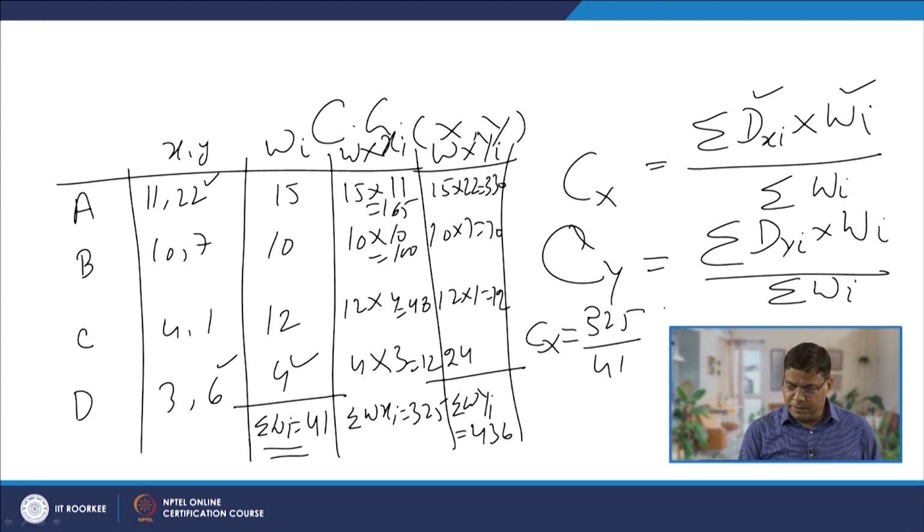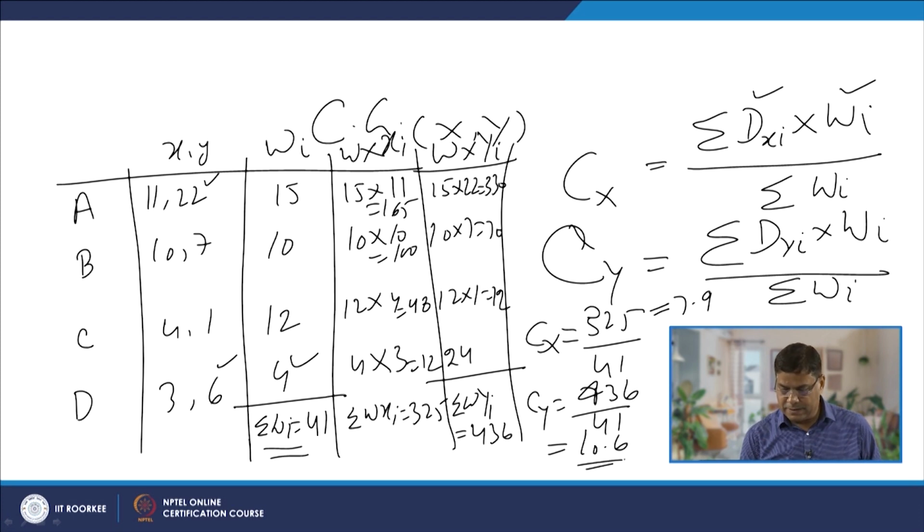So, the x coordinate for the CG is coming, say, 7.9, and similarly the y coordinate for CG will be 436 divided by 41. So, it will be, say, 10.6.